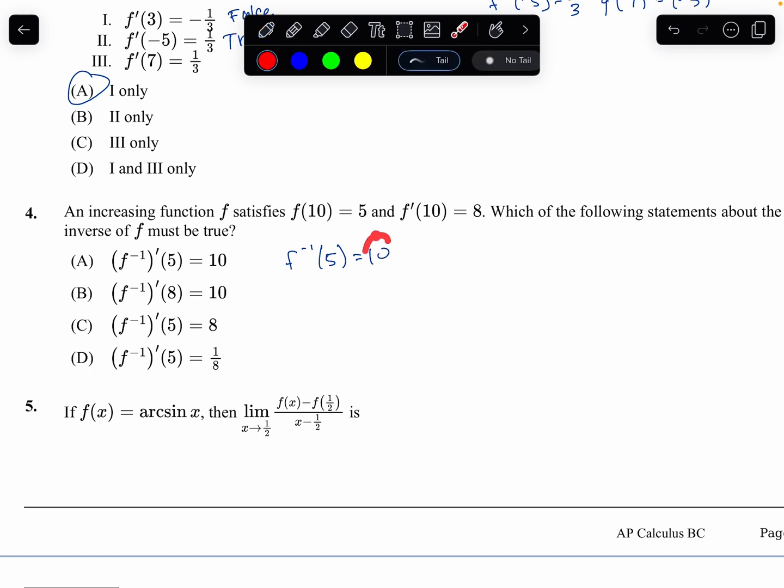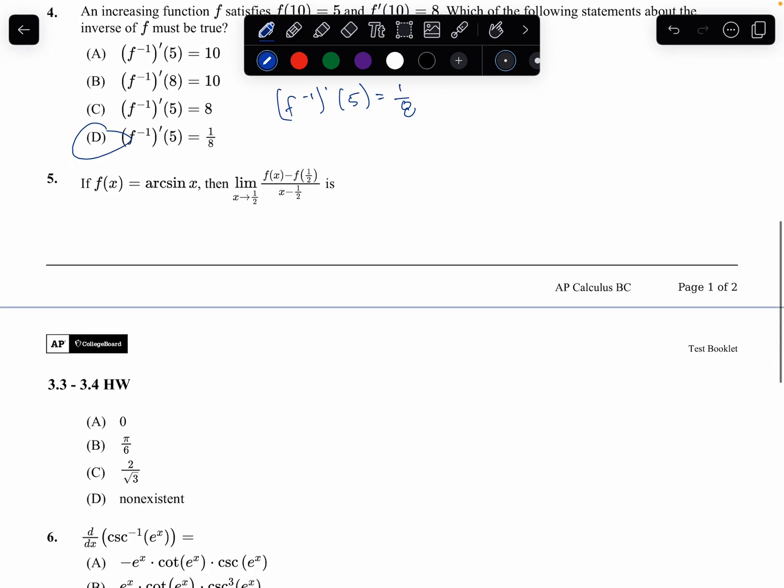Not that this part matters, but at x equals 5, the derivative of the inverse at 5 has to be equal to the reciprocal of this right here. That's going to be equal to 1/8. So that's going to be D right there. Okay.